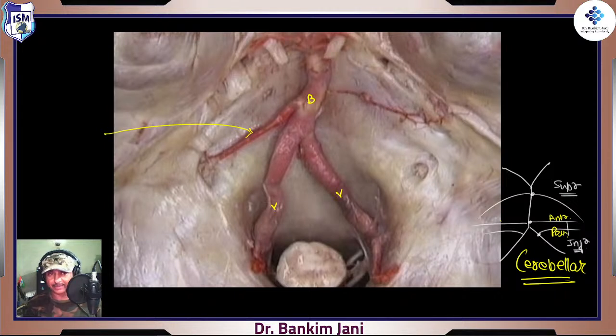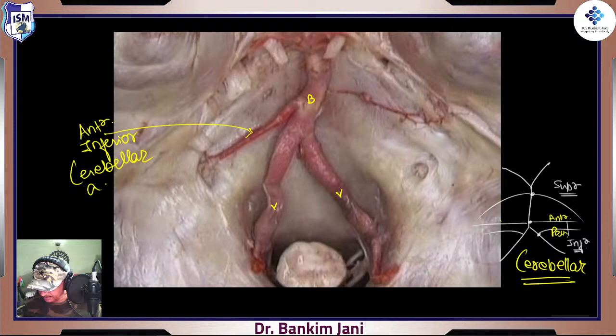On the opposite side it is absent, but doesn't matter, right? This is anterior inferior cerebellar artery. Anterior inferior cerebellar artery. Cerebellar, right?